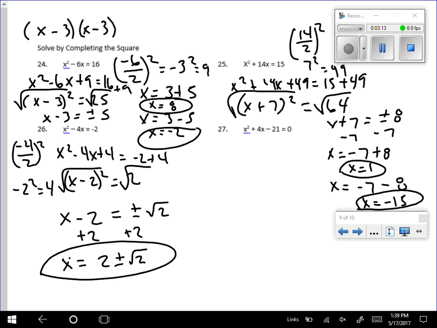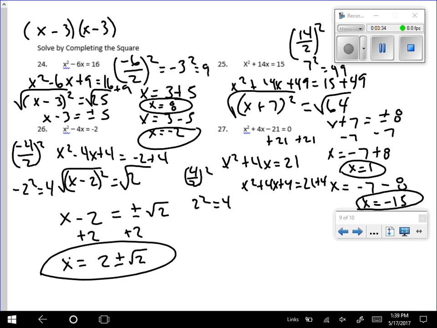Okay, last one, we need to make sure that we add 21 to both sides because we don't want that c on that side. So this would be 4 divided by 2 squared, so 2 squared, so 4. So we have x squared plus 4x plus 4 equals 21 plus 4. So we'd get x plus 2 squared equals 25.